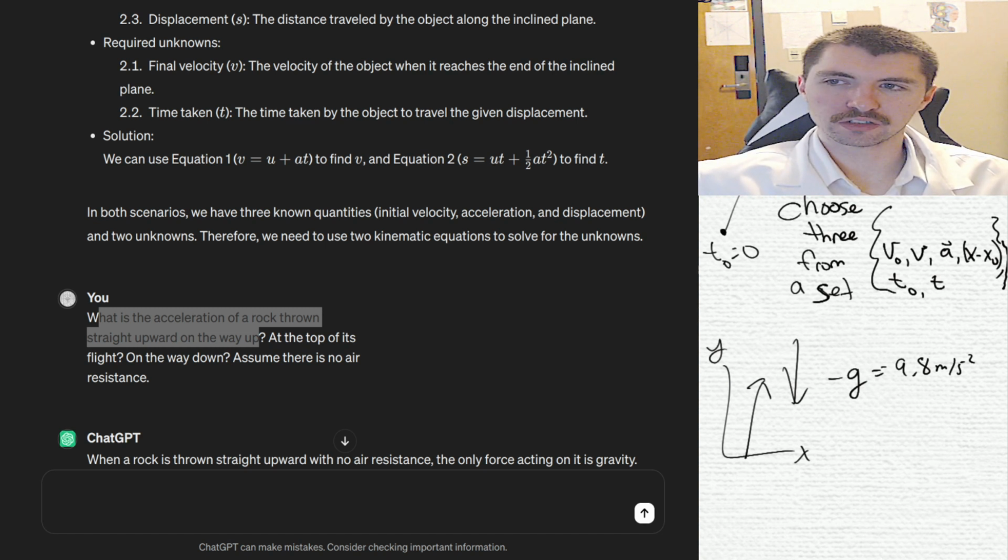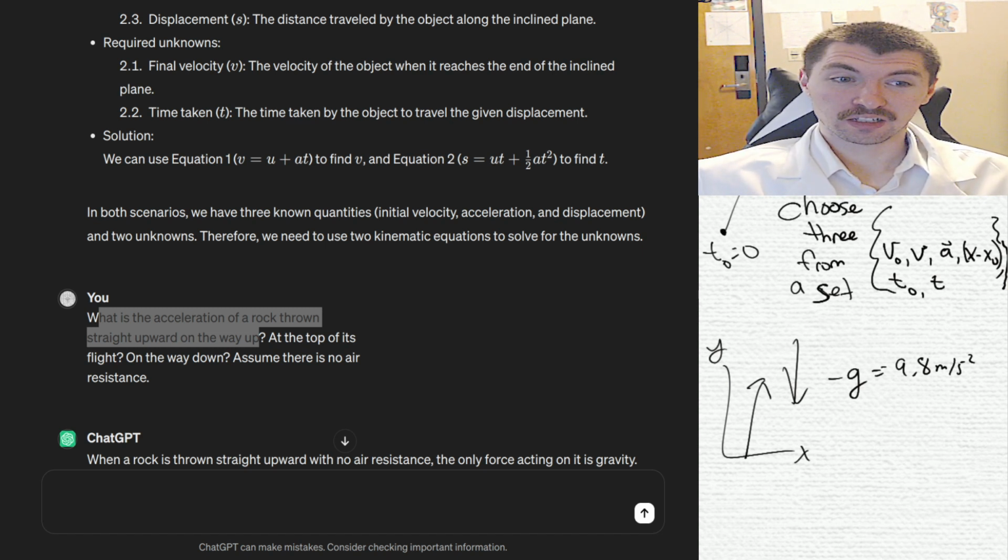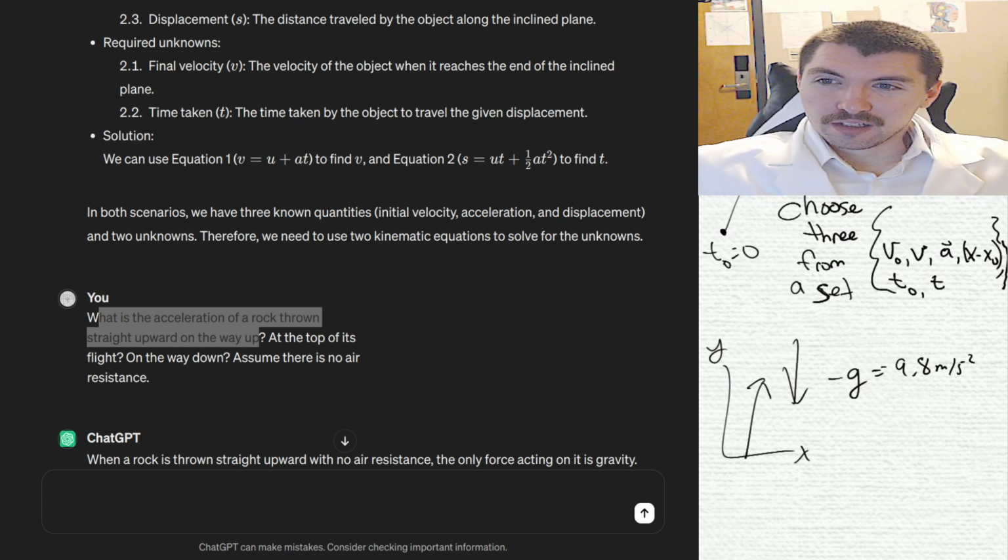So at all points, it should be experiencing negative gravity, if we are putting it in this Cartesian way.